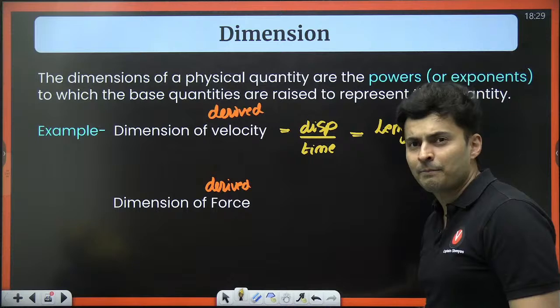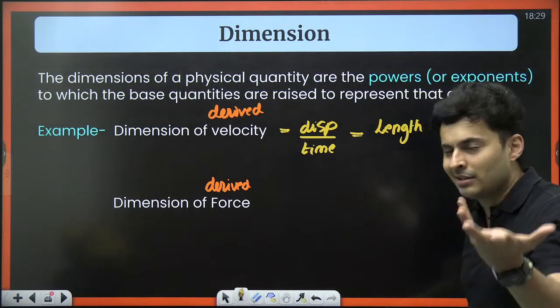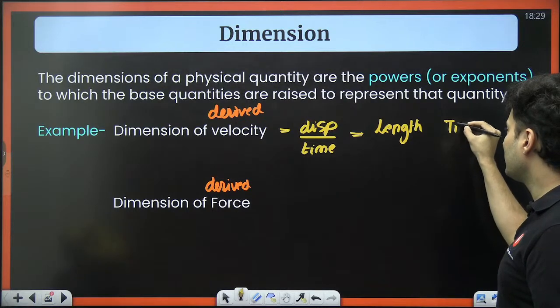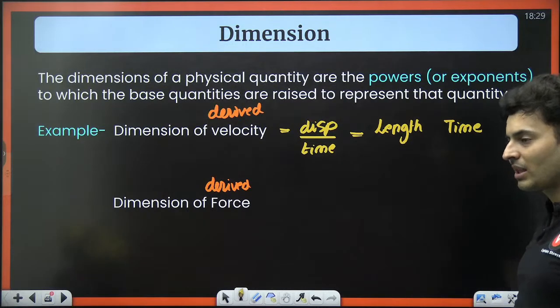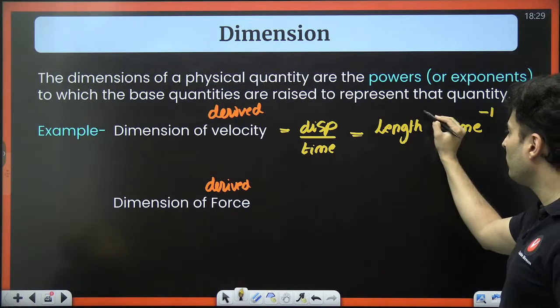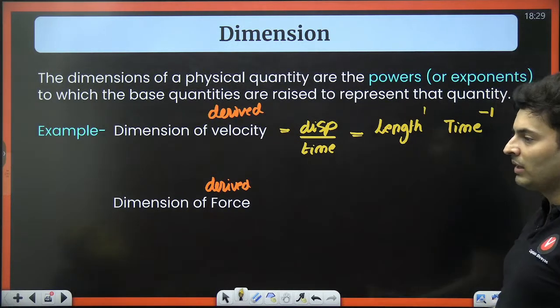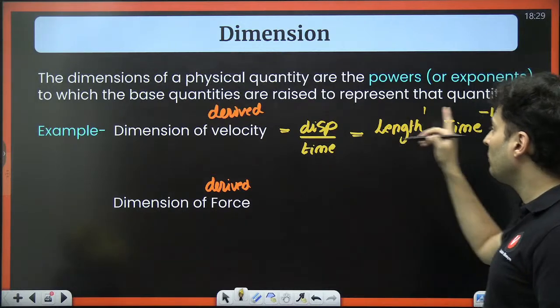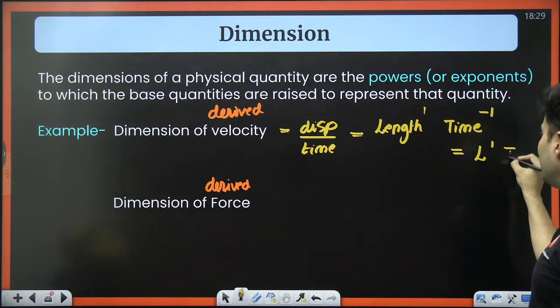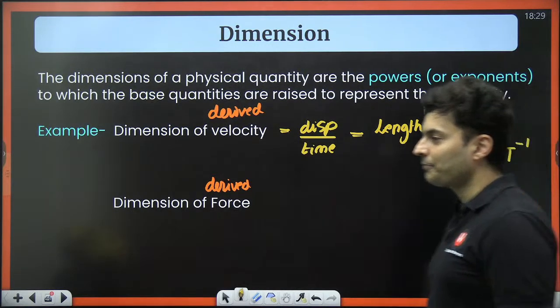Time is measured in time only. It is below, but I'll bring it up because that's how you always express dimensions. When I bring it up, it becomes -1. The power of length is +1. So the dimension of velocity will become length raised to 1, T raised to -1.